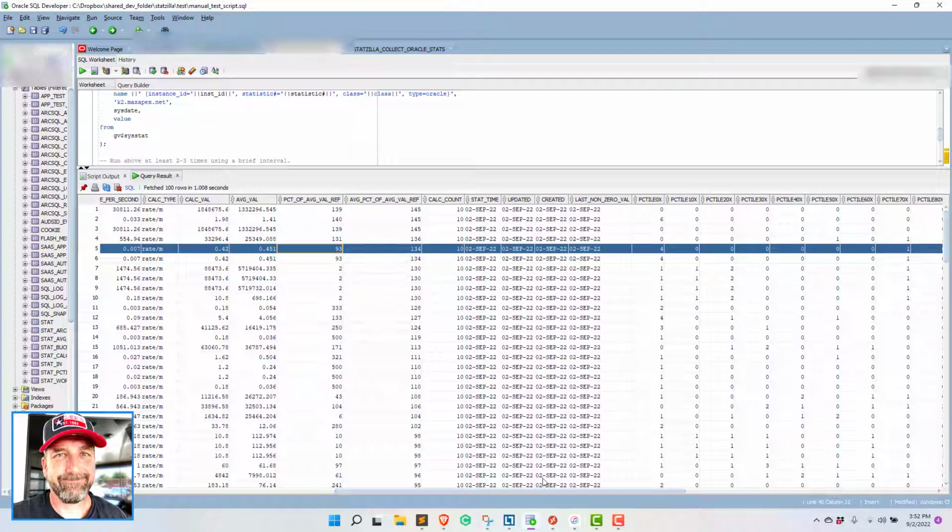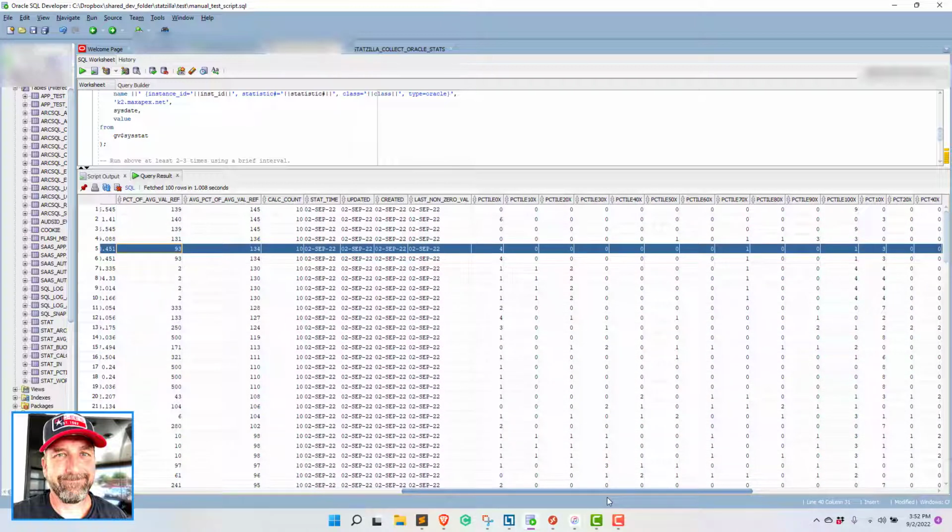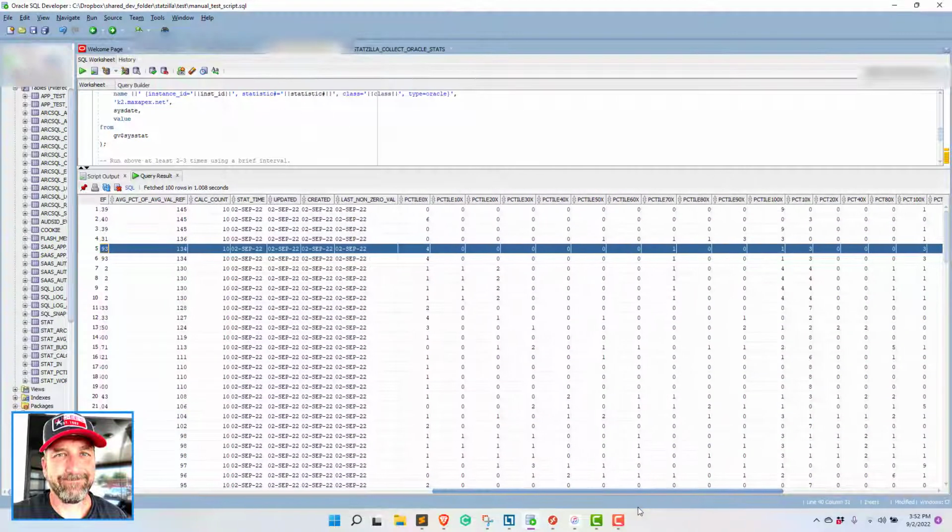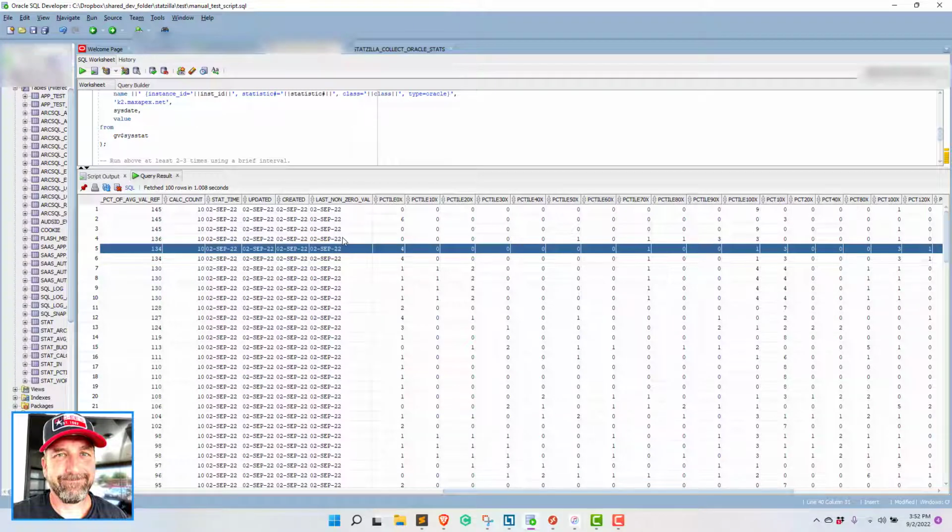Number of calculations, the time the stat came in, was updated, created. When was the last non-zero value? This stores when the last non-zero value was, and there's a setting in the bucket where you can say, if this thing is just throwing zero values, which a lot of large data sets do, I really don't care about it.